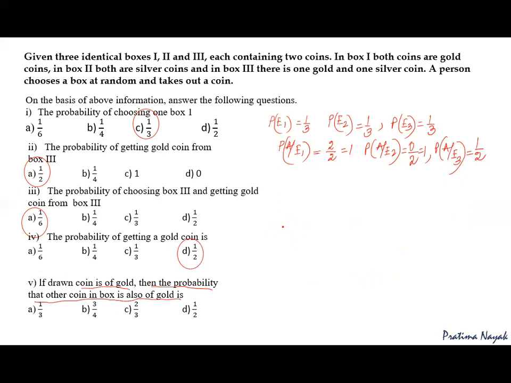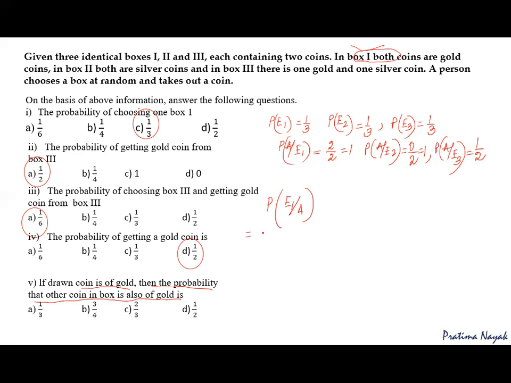That means the question asked is, if it is gold, what is the probability that it is from your first box? Why the first box? Both coins are gold. So the question is, what is the probability of E1 when given gold has been chosen?